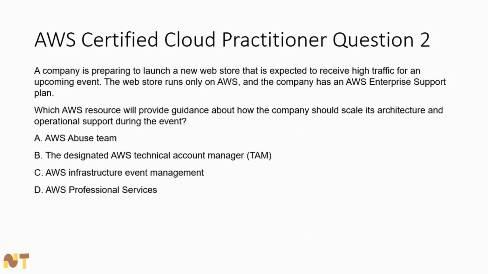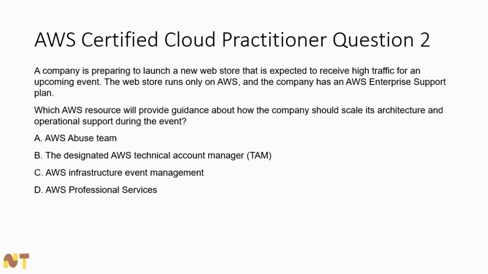A company is preparing to launch a new web store that is expected to receive high traffic for an upcoming event. The web store runs only on AWS and the company has an AWS Enterprise Support Plan. Which AWS resource will provide guidance about how the company should scale its architecture and operational support during the event?